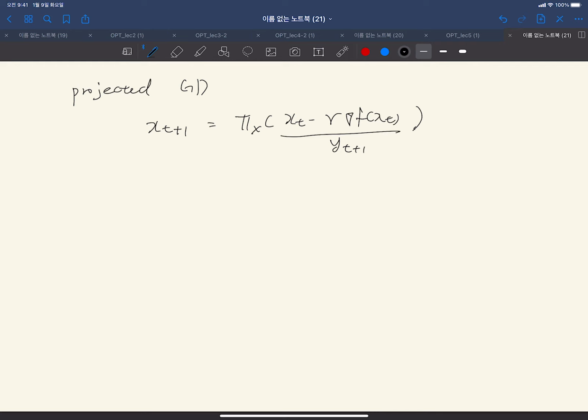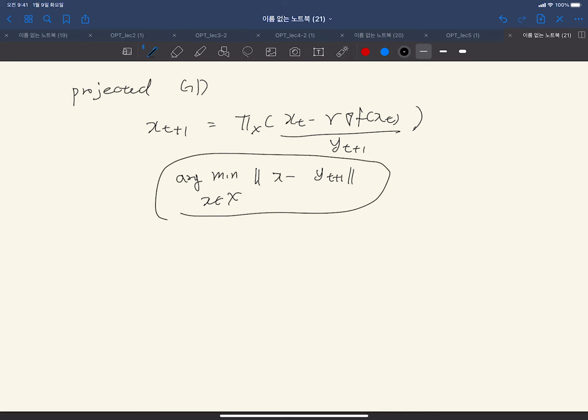The projection operation requires solving another optimization problem: we have to find the argmin of the distance between x and yt plus 1 among all your constraint points. And this is another constrained convex optimization problem. Sometimes this is not easy to solve, especially when the shape of X is not simple and X is in a very high dimensional space. Then this problem is also very difficult to solve.